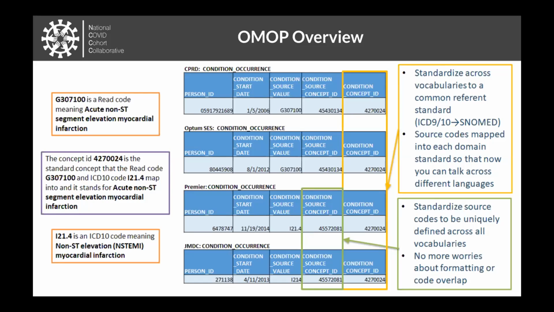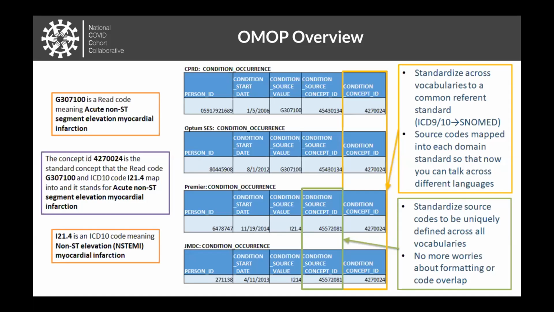how the standardization works. Within OMOP, within the model, we not only standardize the codes to the condition concept ID, which you see on the far right, but we also contain all the source values as well, which is that middle column there. So I want to just show an example. In the middle column, you can see 4 different ways of representing acute non-ST segment elevation myocardial infarction.